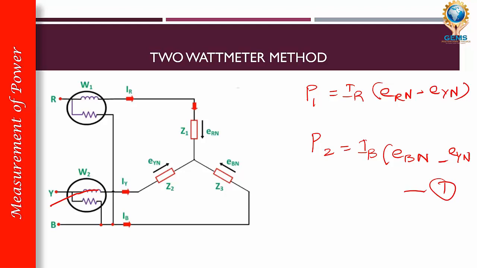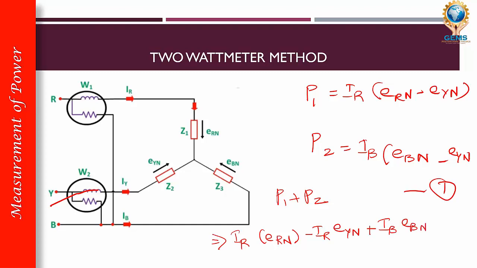The total power is nothing but P1 plus P2. When I expand this, I get IR into ERN minus IR into EYN plus IB into EBN minus IB into EYN.